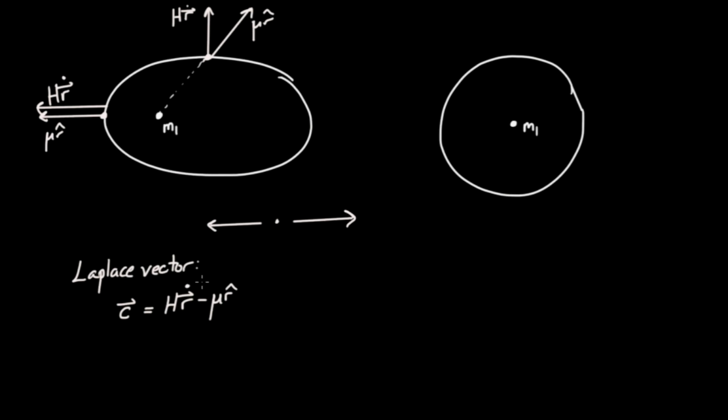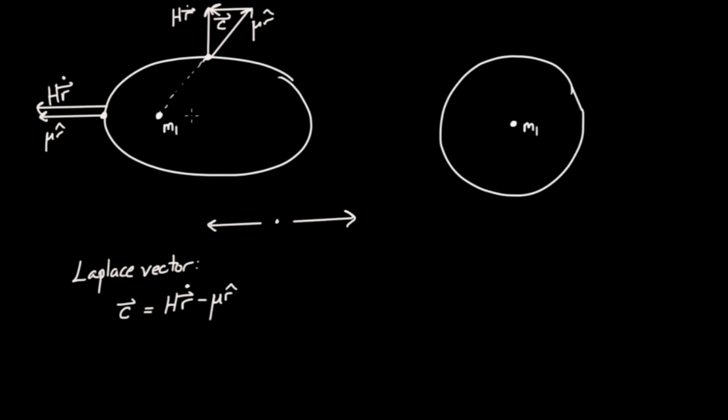So this vector minus this vector, if you just take a look at the vector difference, is going to point to the left actually. So this is the Laplace vector here that I've just drawn in, C. So actually this is a vector which is going to point along the major axis of this ellipse, and it's going to point toward the point at which M2 most closely approaches M1.